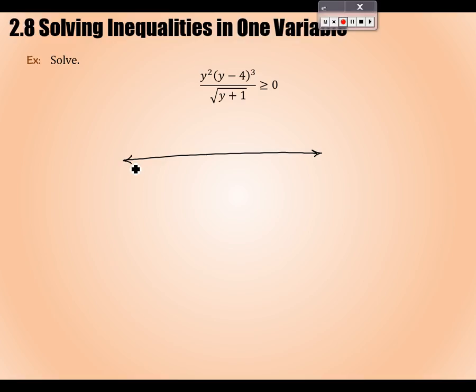What are they? 0 and 4 and -1, I guess. That's kind of interesting. So let's plug in a number like -5, something to the left of -1. What happens there? You can't do it. This is mathematical notation that has been passed on from generation to generation.